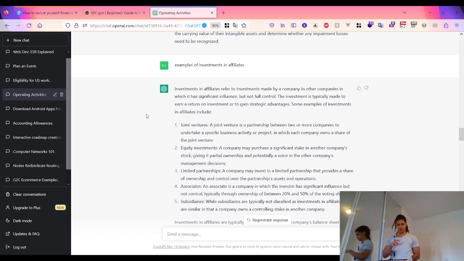In this case, it gives total control of the company, partial control or total control, and potentially a voice in the company's management decisions. But in this case, not potentially, it is the voice of the company's management decisions. So it changes how things are going to be done from this moment on.